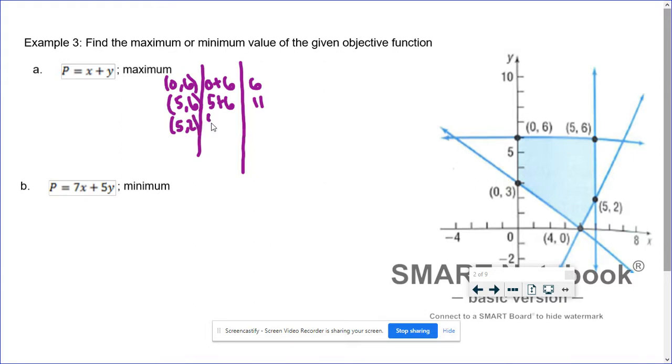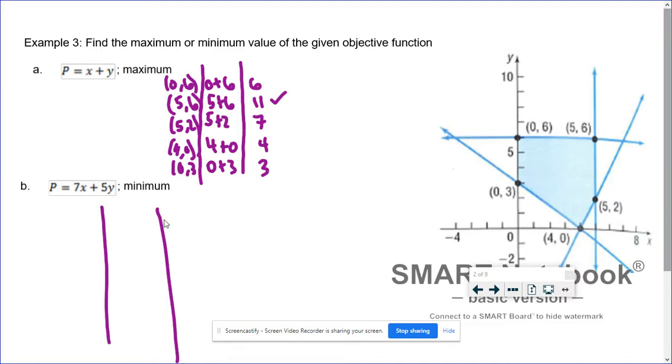Substitute those values into the function, I get 5 plus 2, which is 7. 4, 0. 4 plus 0 is 4. And then 0, 3. So 0 plus 3 is 3. The one that maximizes is 11. So the ordered pair that maximizes the objective function is 5, 6, and the maximum value is 11.